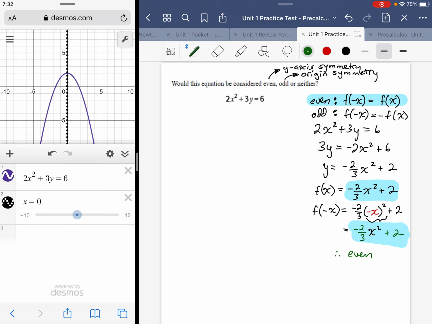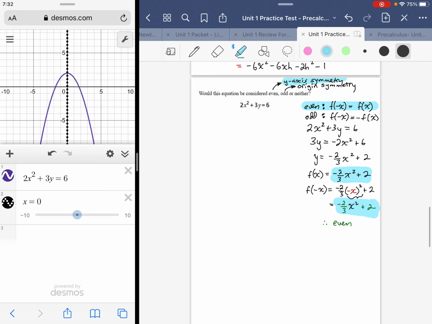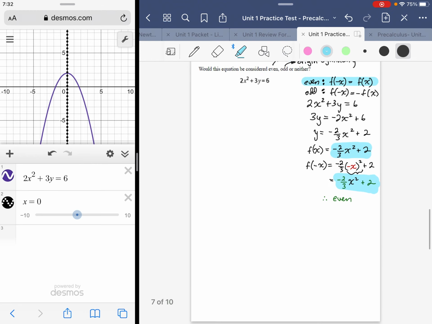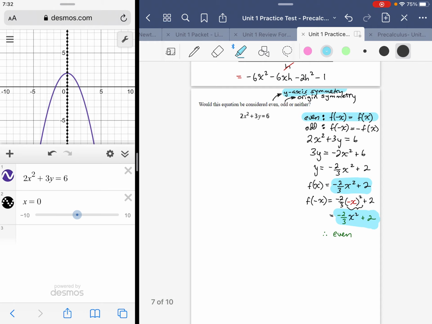Because it has y-axis symmetry, that would be another justification for it to be an even function. But again, in order to say a function is even, odd, or neither, it would have to be a function to begin with.